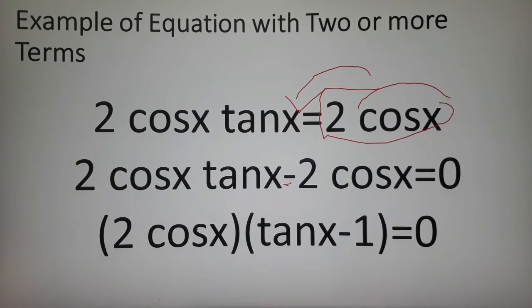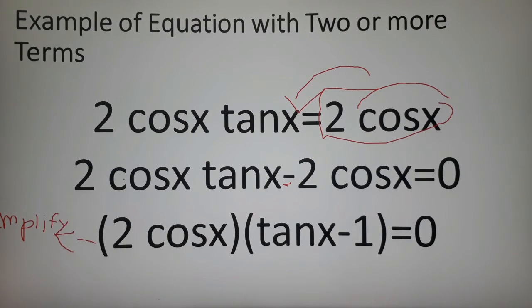And you will have 2 cosine x times tangent x minus 1 equals 0, which is the simplified equation. Since we have two of the same terms, we cancel them out.